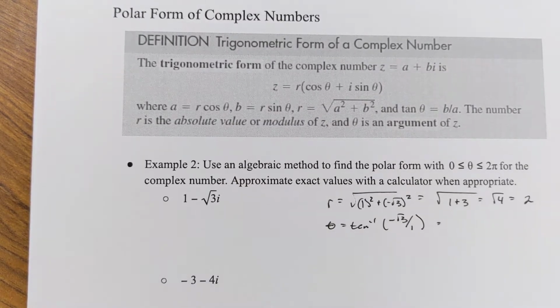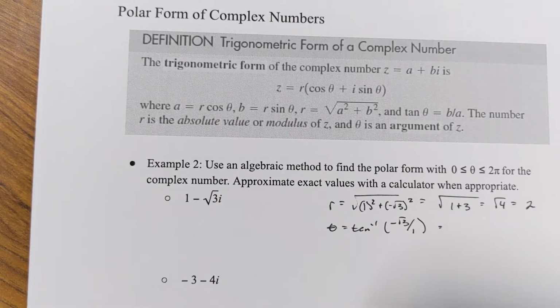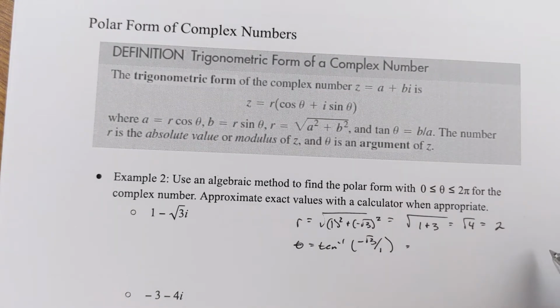And that's going to occur at, let's see here. So where is the tangent negative root 3? That occurs right here at pi over 3 radians.